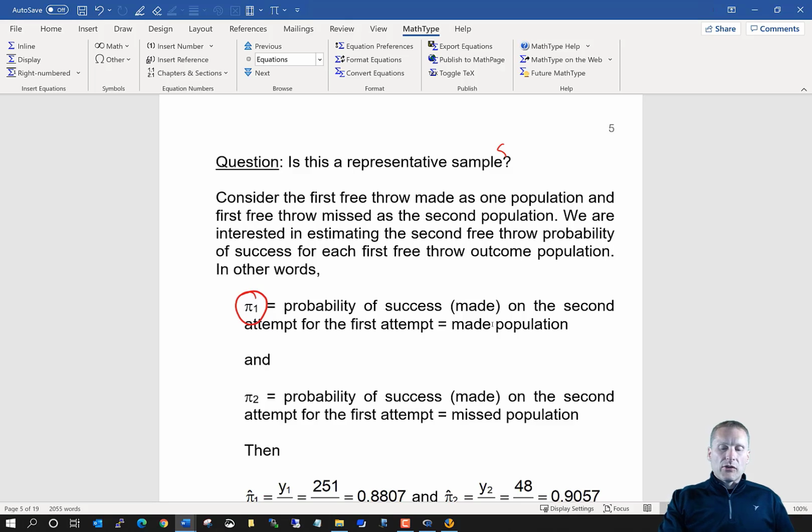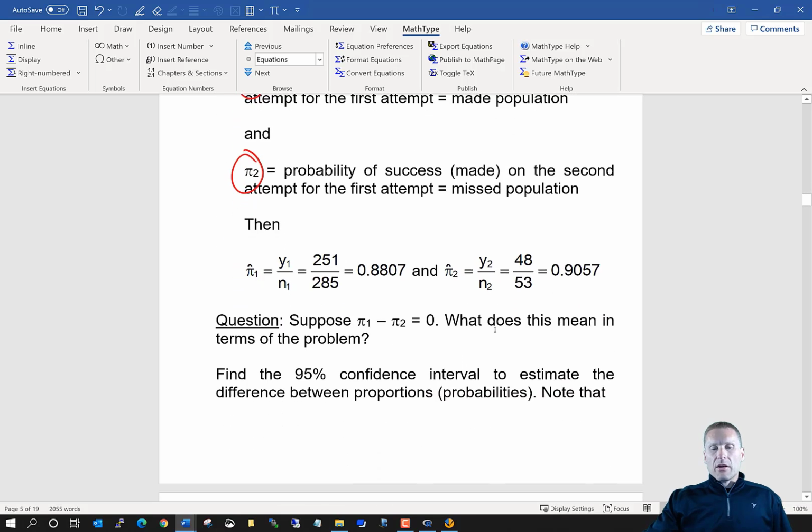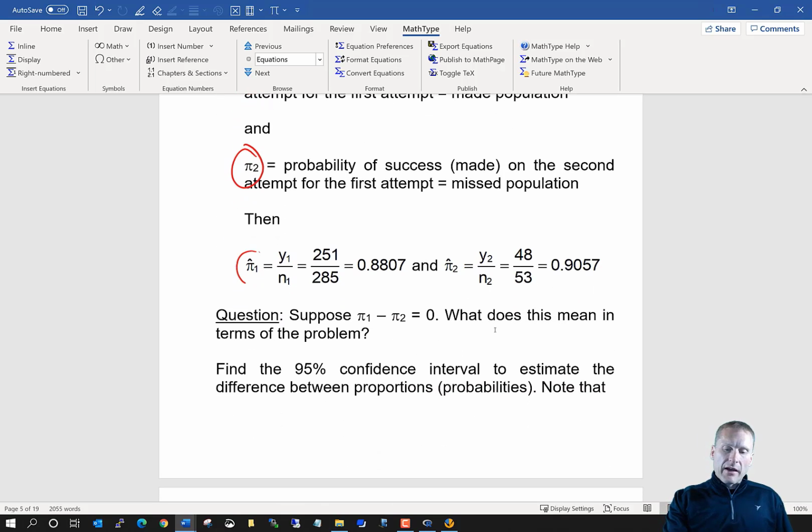We're going to let pi2 be the probability of success on the second attempt, but for the first attempt equal to missed. With that, we can calculate the estimated proportions, pi hat 1 and pi hat 2. So pi hat 1 is 0.88, pi hat 2 is 0.9057.